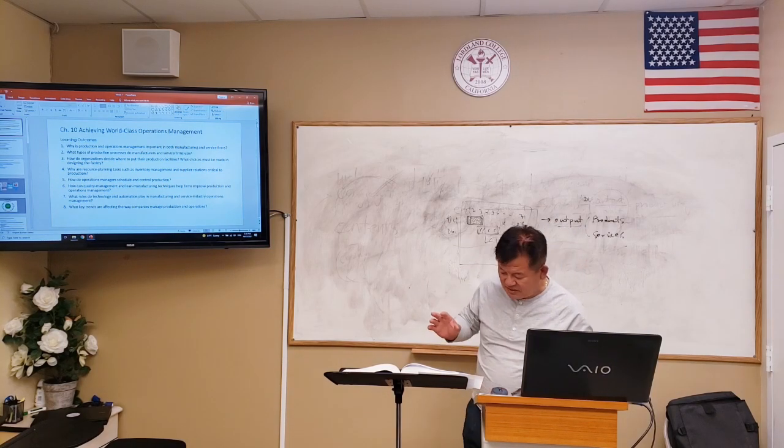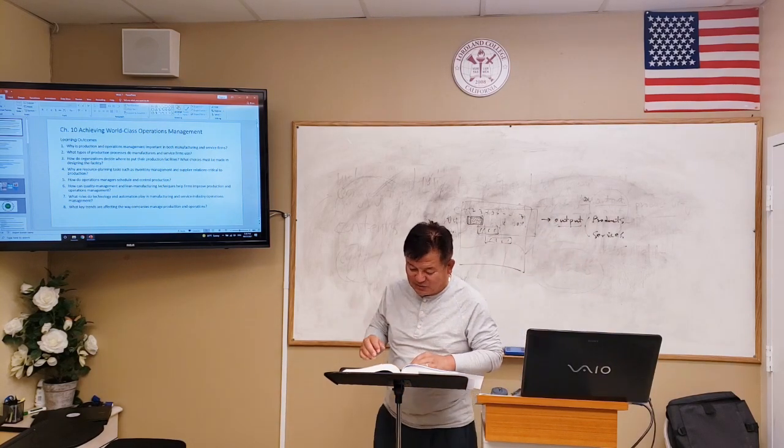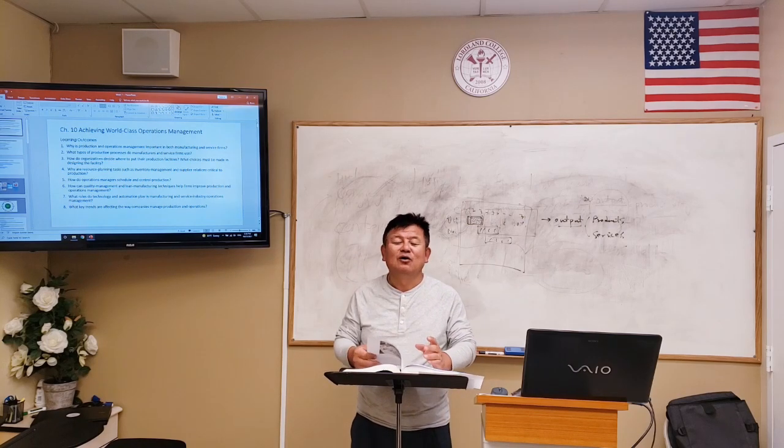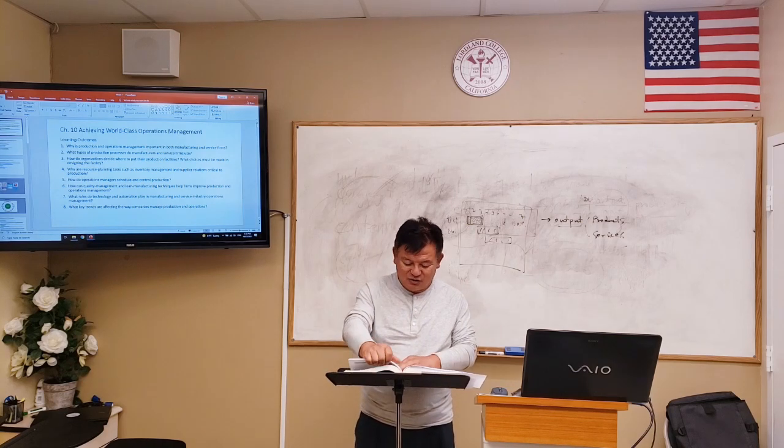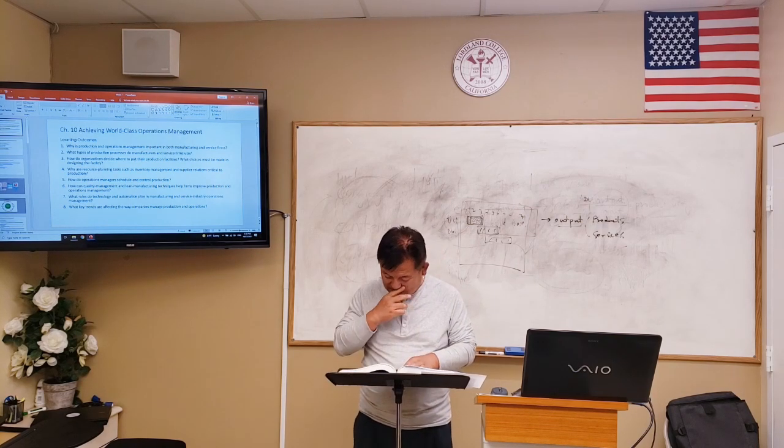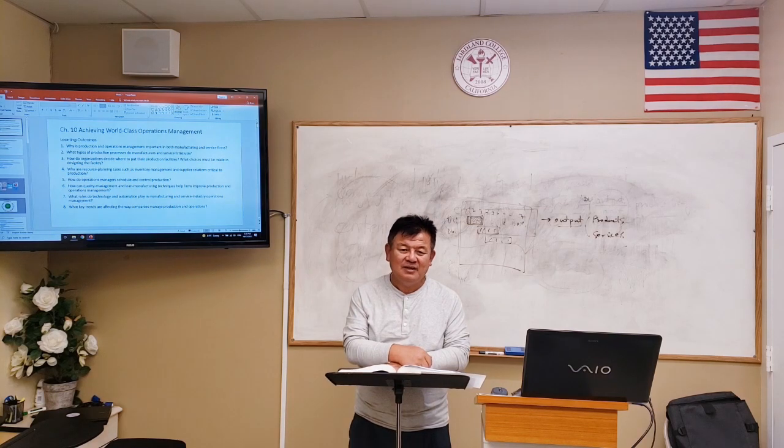Operations management is a little bit boring part of business, but if we use calculus or mathematics, it is very interesting and good. But this is an introduction class, and you are not business majors, so it will be difficult to understand this chapter.